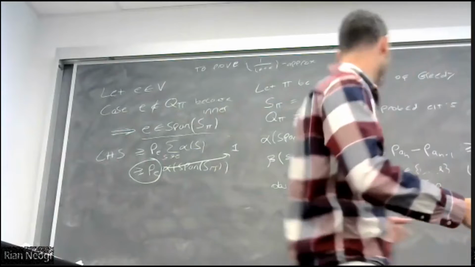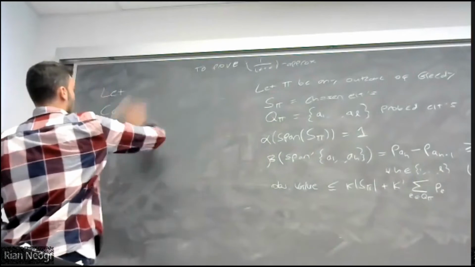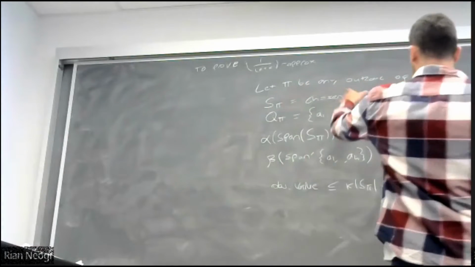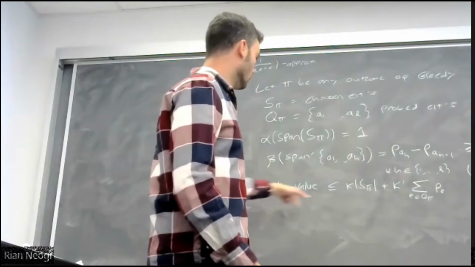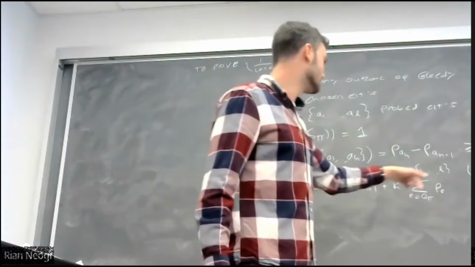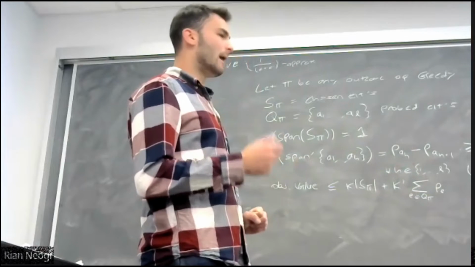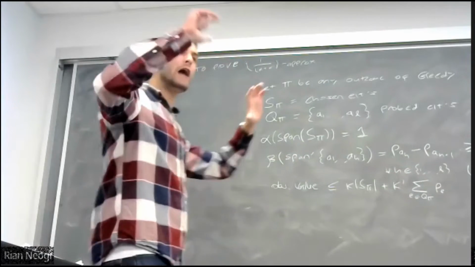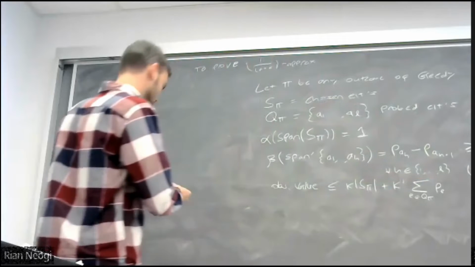Seems good. Okay. Well, now we're in a good position because for every outcome of the greedy algorithm, we have this feasible dual solution with this bounded objective value. But we could actually do a bit better than this because we can combine all of these solutions in the following way.